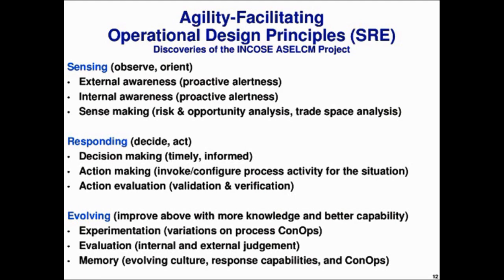And again, evaluation is important. Just doing experiments is of little value if you're not really focused on trying to understand and measure, were they effective enough that we really want to move this experiment into something that's foundational and part of the evolution of the process. In the evolutionary environment, memory is absolutely key.